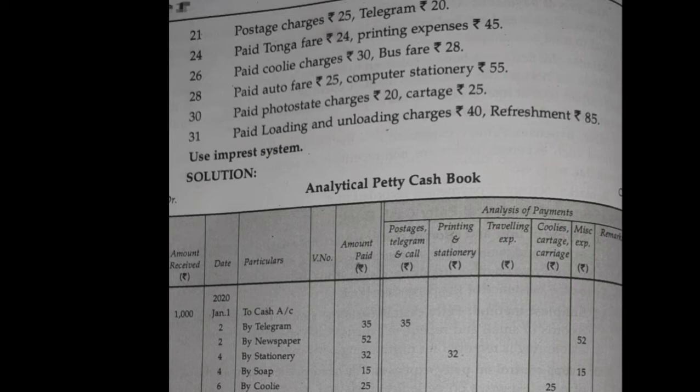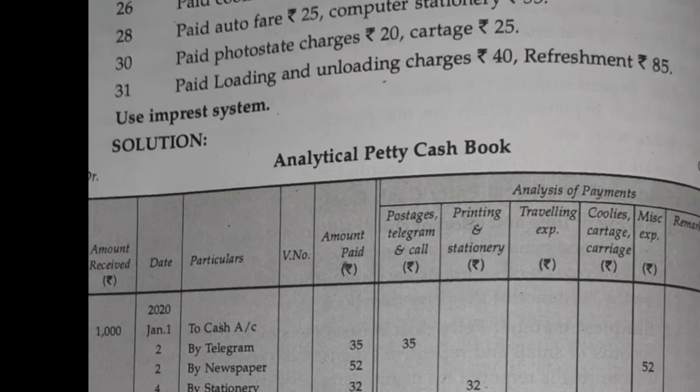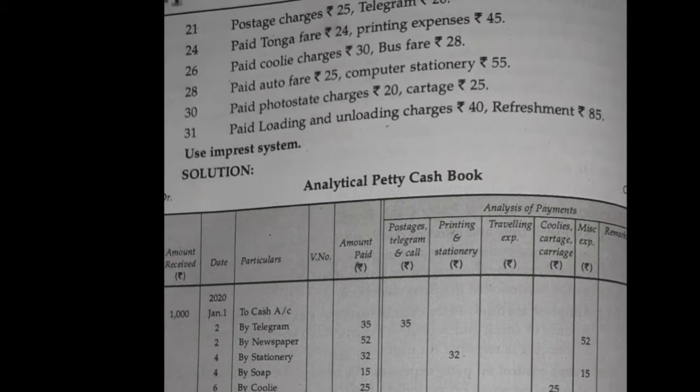So the receipt of cash is 1000, and various payments have been recorded onto the right side. So the right side is used for payments.